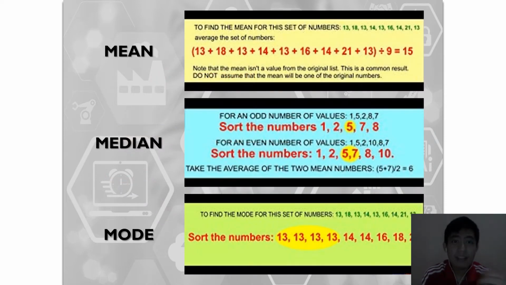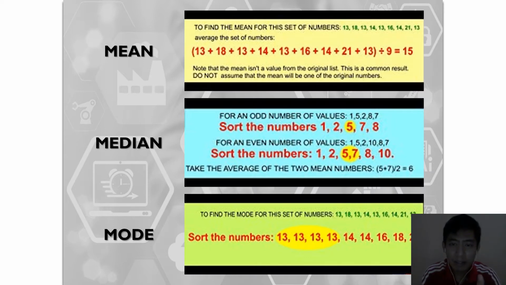So here is our example. We have 13 plus 18 plus 13 plus 14 plus 13 plus 16 plus 21 plus 13. So we have 9 numbers, and the total of that divided by 9 equals 15. So that's the mean score. Then for the median, first you sort the numbers, then get the middle.